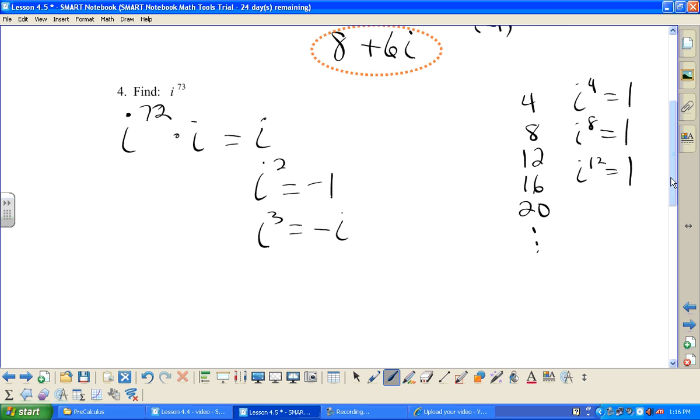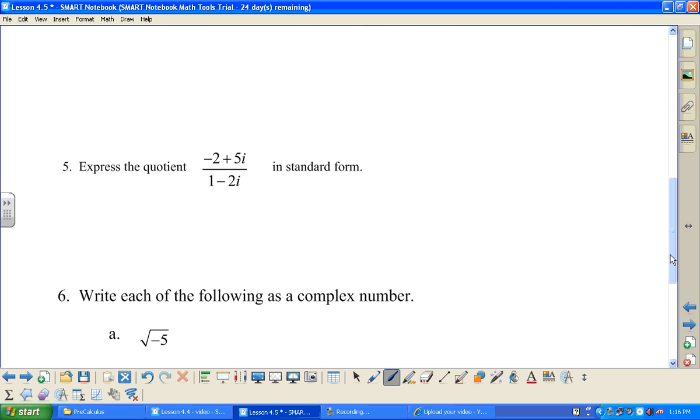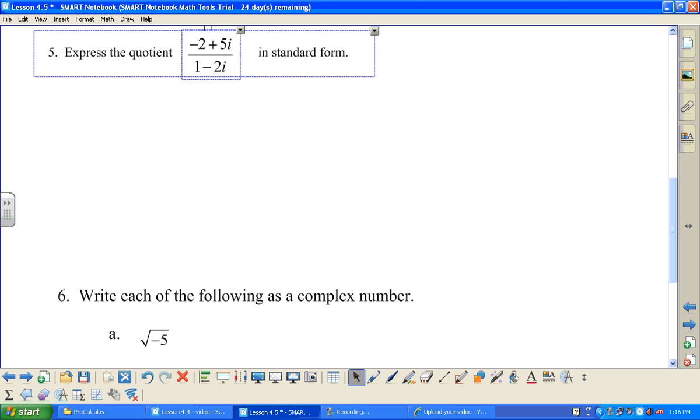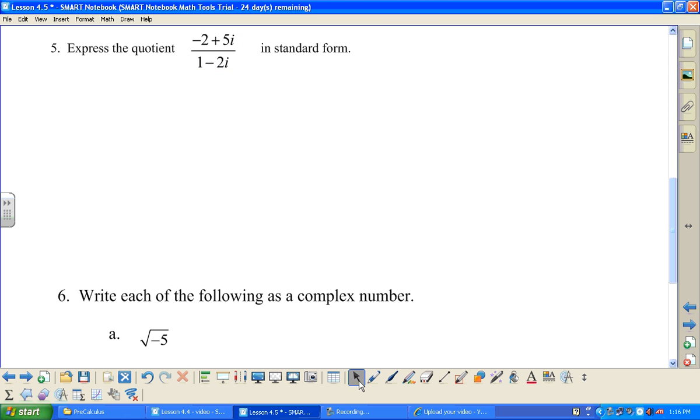I'm going to look at expressing our quotient in standard form, which means that we need to get the i out of the denominator. So we have to multiply by the conjugate. So we need to multiply the numerator and the denominator by the conjugate, which means that we're going to take the i term and we're going to change the sign of it, and then we'll multiply.